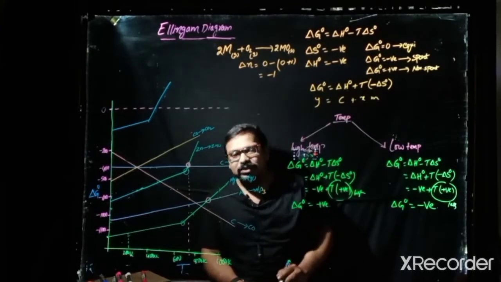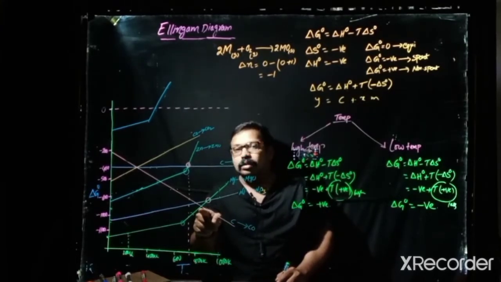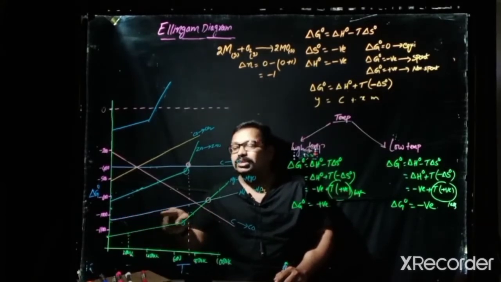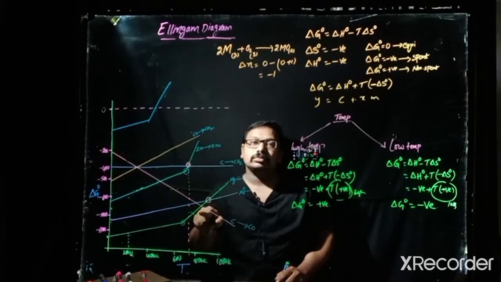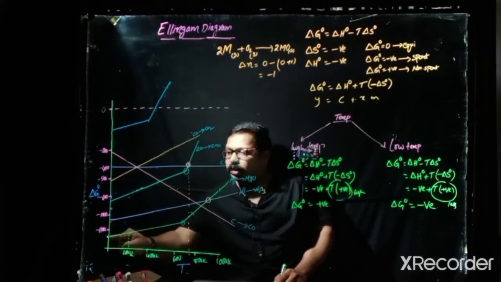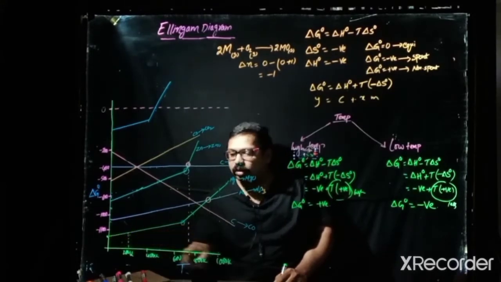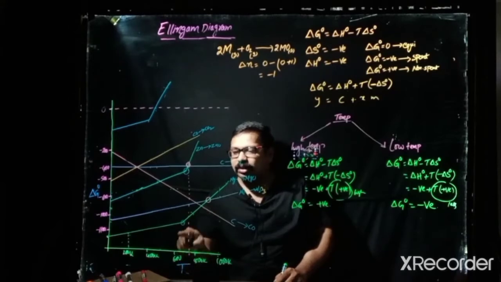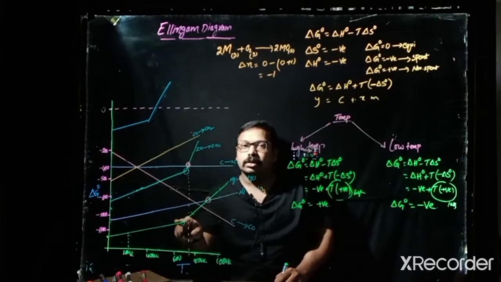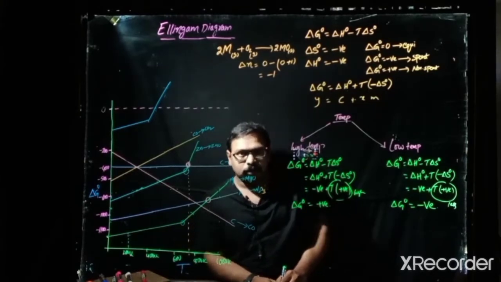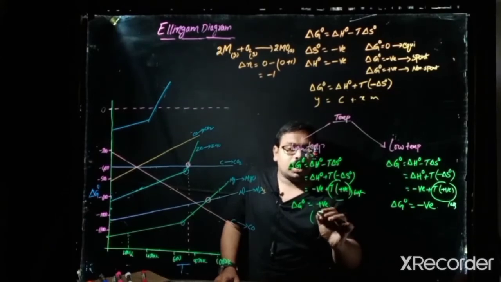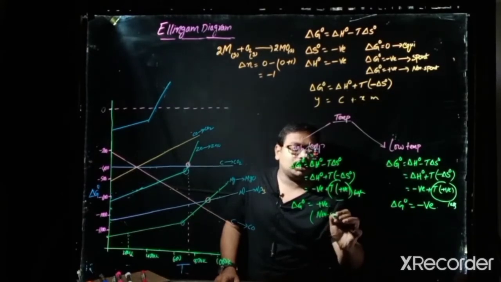When our temperature is increasing, these slopes shift towards the less negative delta G naught side. At 200 Kelvin it will be a more negative delta G naught value, while at 600 Kelvin it has a much less negative delta G naught value. In this case we are observing non-spontaneous reactions.